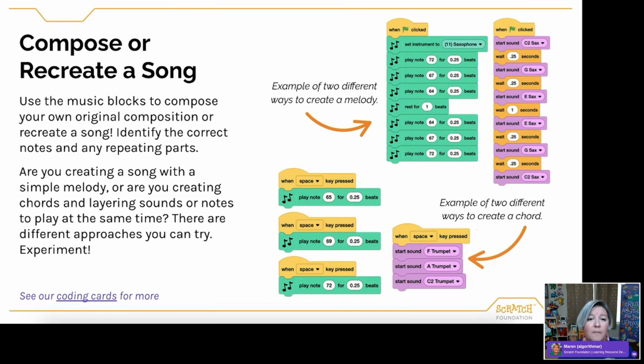And the really nice thing about these blocks is that they give you the ability to compose things like your own original score or recreate a song. There are a limited number of note sounds in the sound library itself. But when you get into these music extension blocks, you can actually select a note from a range of notes on the keyboard and then also from a range of instruments.